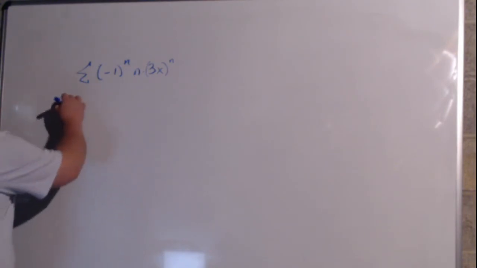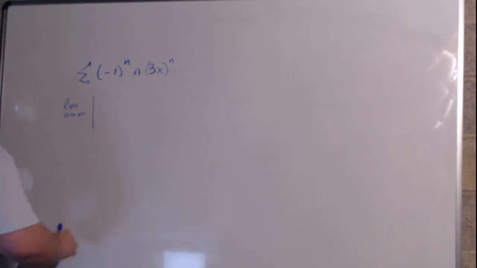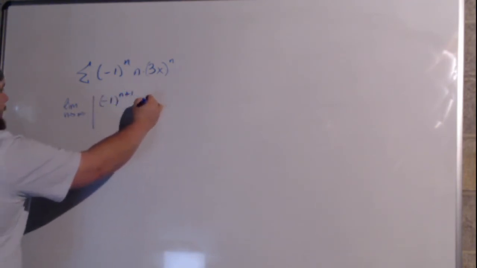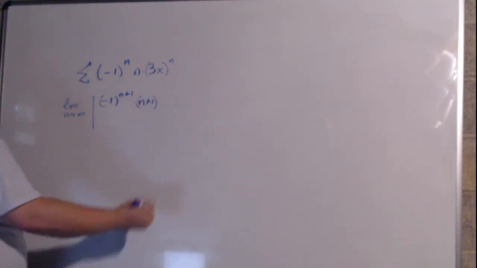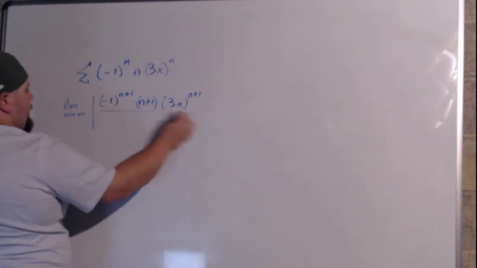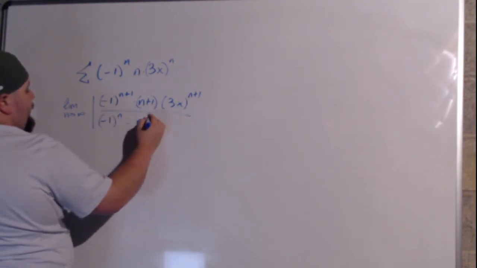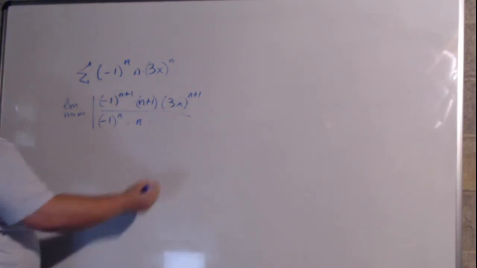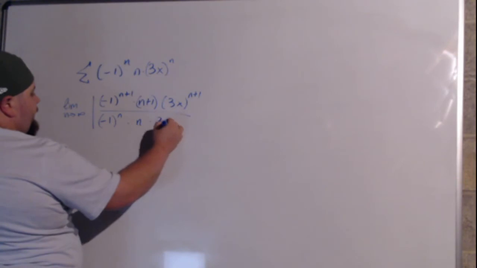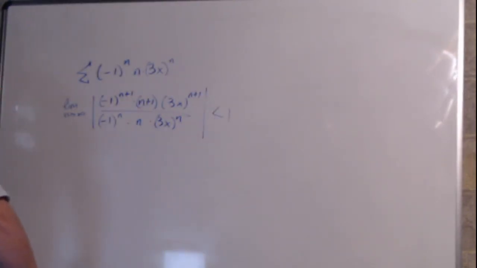So we need limit, n approaches infinity, absolute value, every one of these things to the n plus 1. All over the original. Normally multiply by the reciprocal, but because this is no fraction, might as well write it the original way. All less than 1.